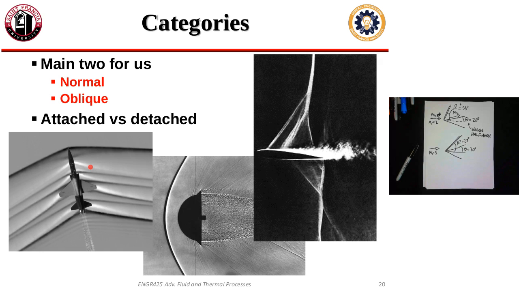I'm trying to remember, it's in your book, but I think that the wave angle for cones, a 3D object as opposed to a 2D wedge, ends up being shallower, lower, because the flow has more places to go.